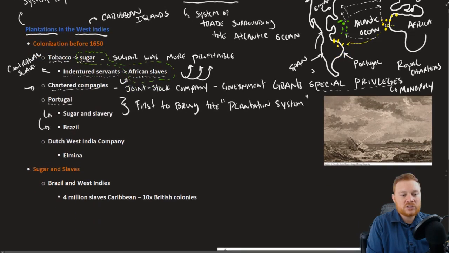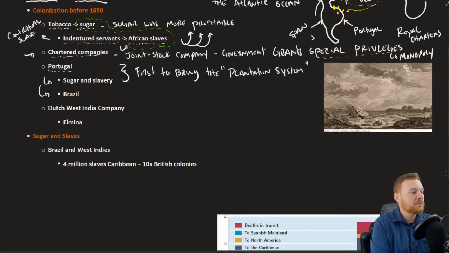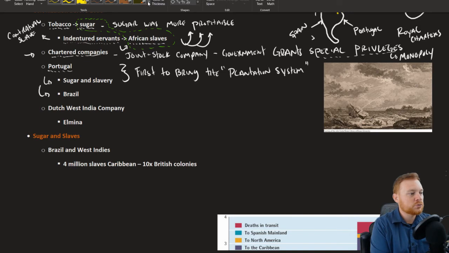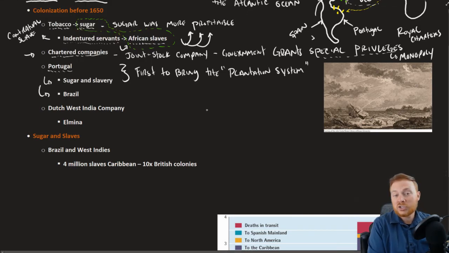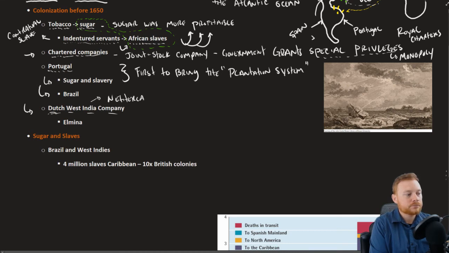However, the Portuguese did have competition. We had mentioned previously that the Portuguese were one of the first countries to engage in the age of exploration. However, they had challenges. The Dutch West India Company, which of course is Dutch, so that is the country of the Netherlands, quickly challenged Portuguese possessions in the Atlantic.